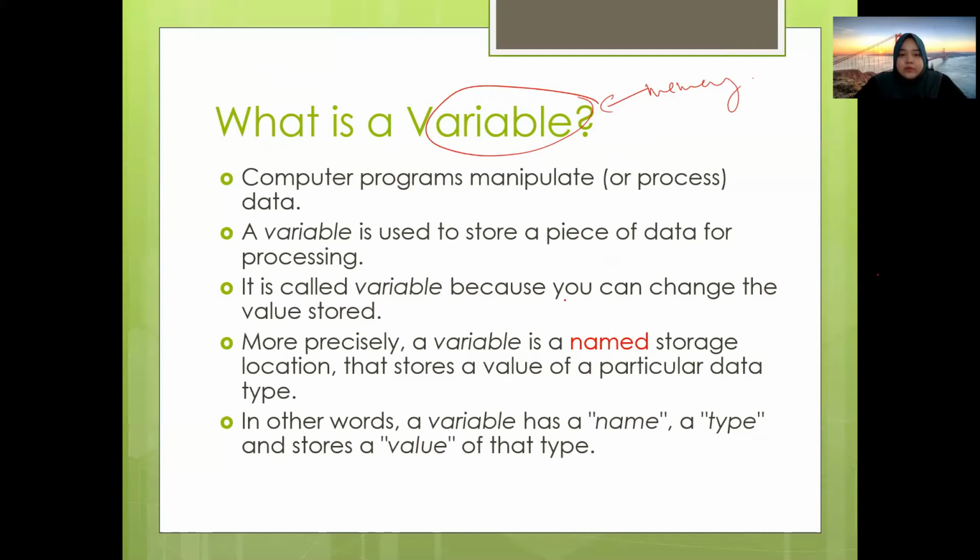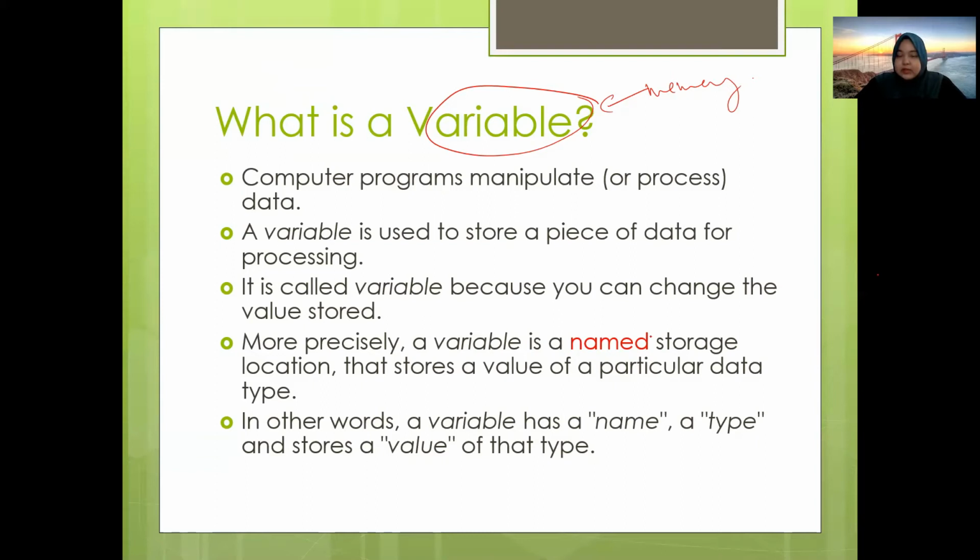It is called variable because you can change the value stored. Okay, ingat variable nilai dia boleh berubah dalam satu masa. Okay, dan dia boleh simpan satu data dalam satu masa. Itu masuk variable.